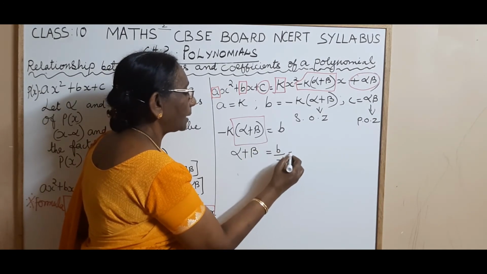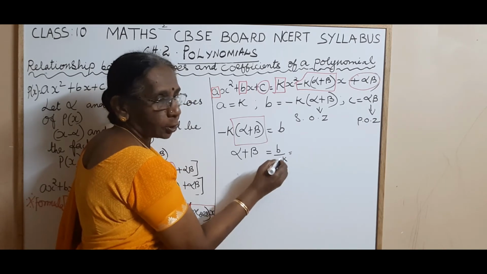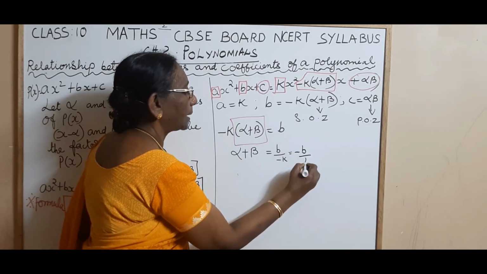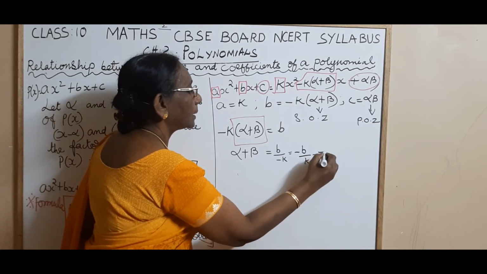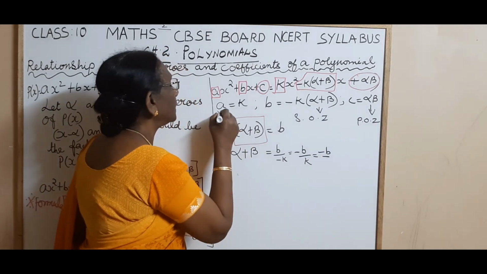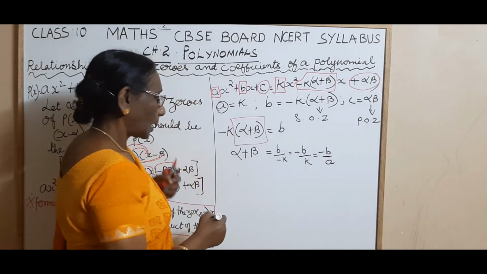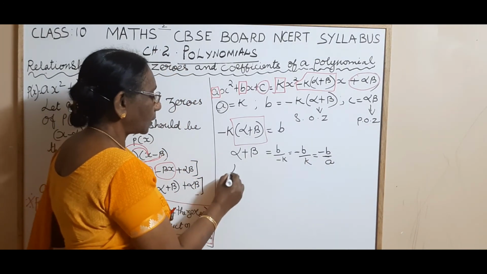So, when you divide plus by minus, you will get minus b by k. But k is equal to what? A. So, in the place of k, you can write a. Understood? So, sum of the zeros.